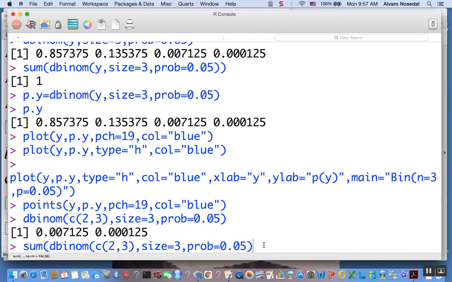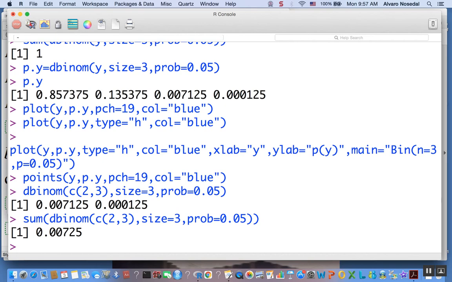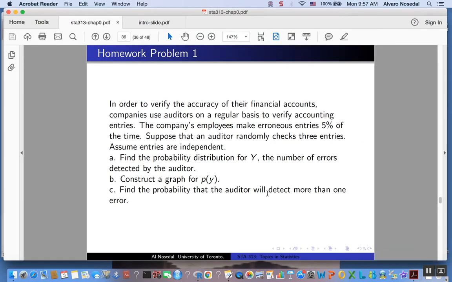Now we do the sum of those guys, and that's the probability of more than one error. That's what we want, right?